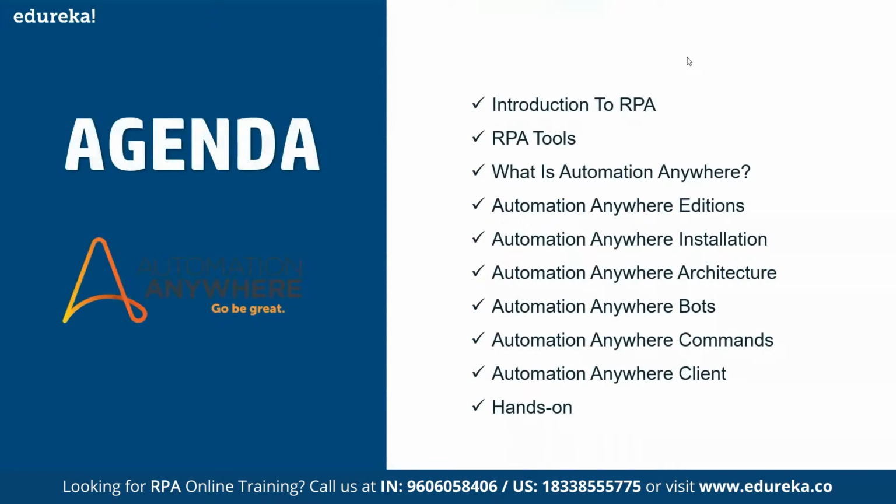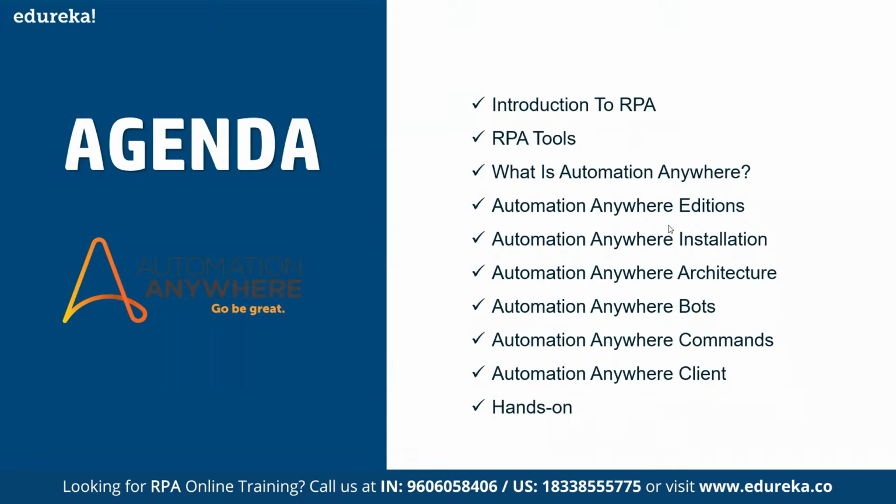So this is the agenda that we have. We are going to learn about the introduction to RPA, that is, what exactly is RPA. We will learn about different RPA tools that are available in the market, so what are the various RPA tools that are available? And then in that we learn what is Automation Anywhere. We will learn about what are the different editions of Automation Anywhere.